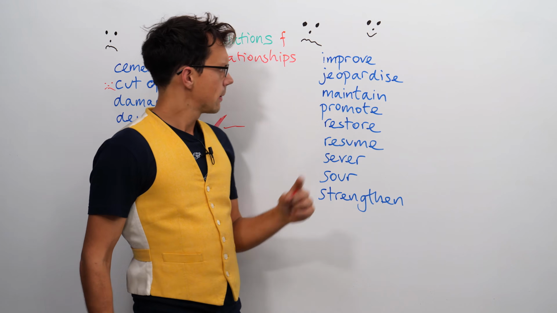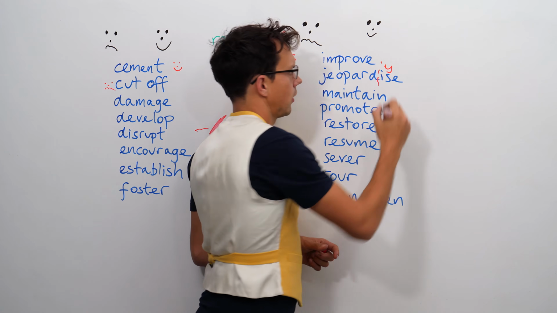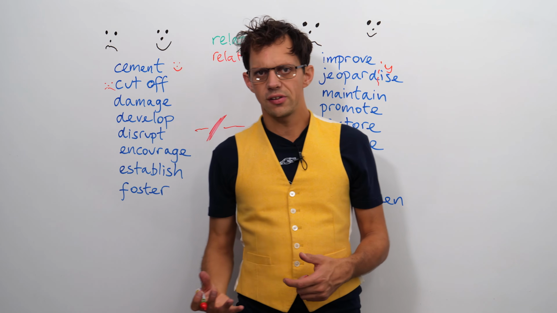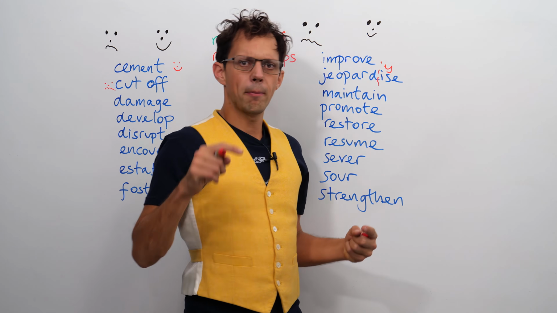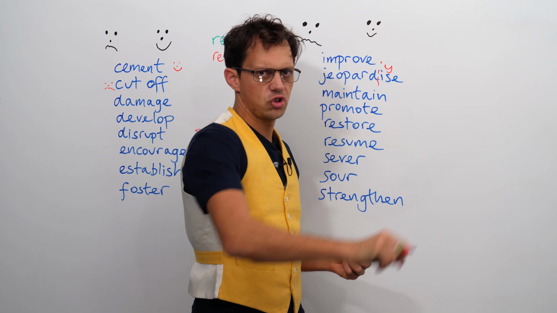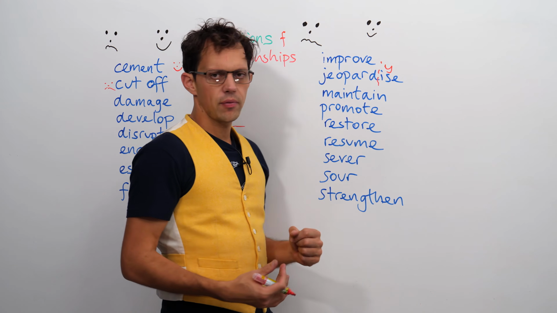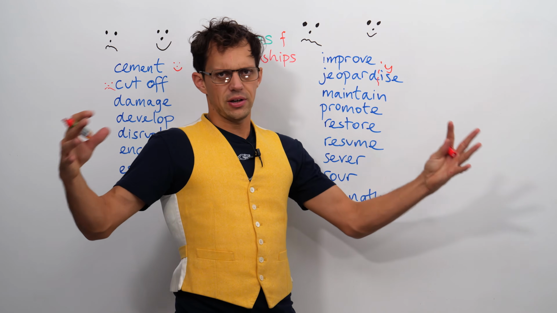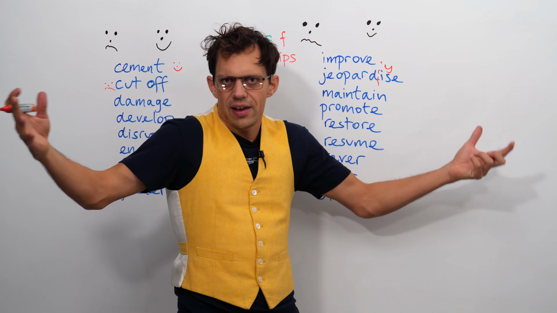Jeopardize. So the noun is jeopardy. So jeopardy means danger. So if you jeopardize, you are putting into danger. To jeopardize relations, it's negative. Yep. They're in a dodgy place. Like, can they survive?